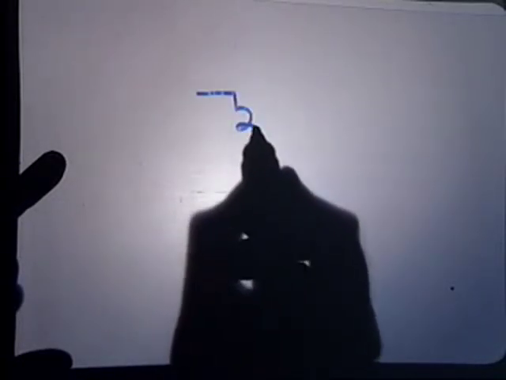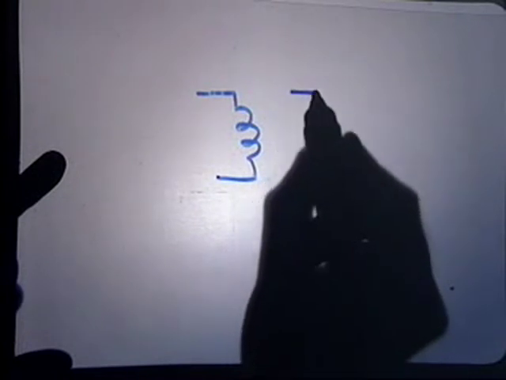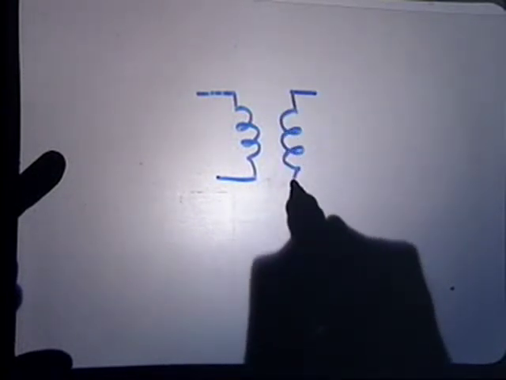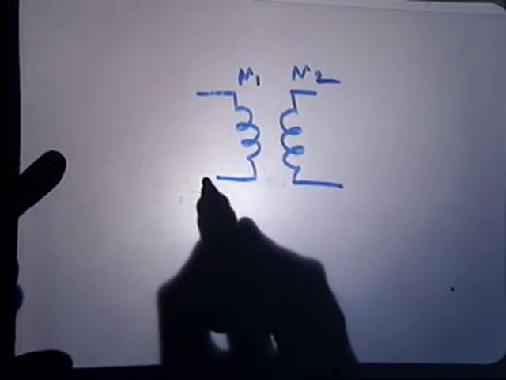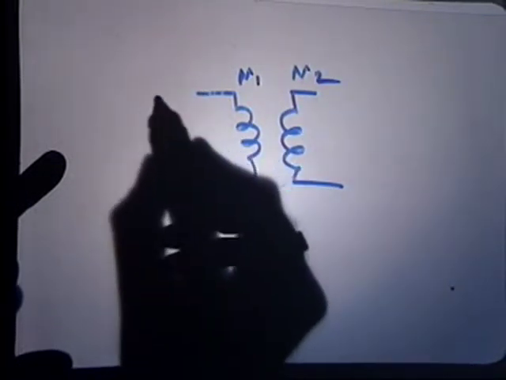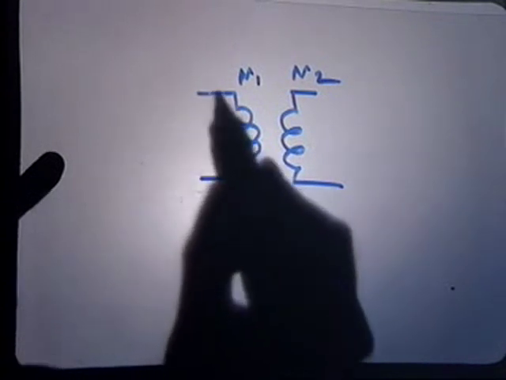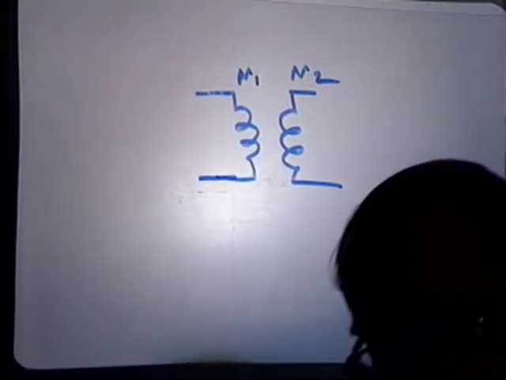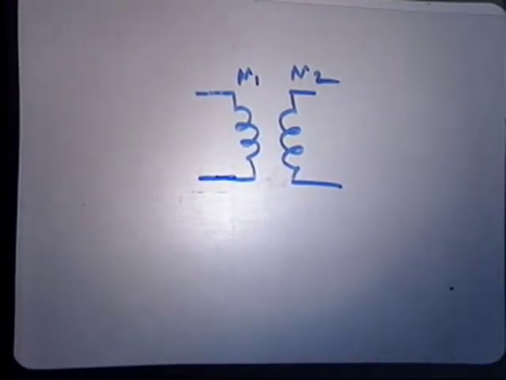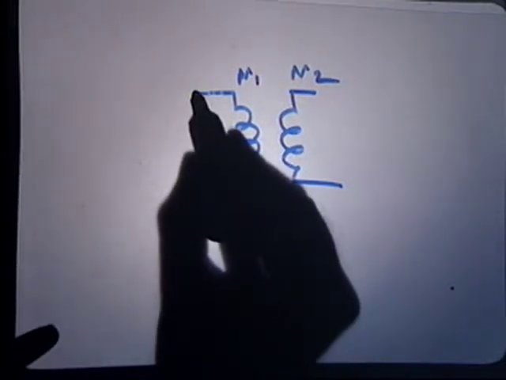So I will draw the ideal transformer, N1, N2, and what we are now saying is you add another current that is drawn from the mains.